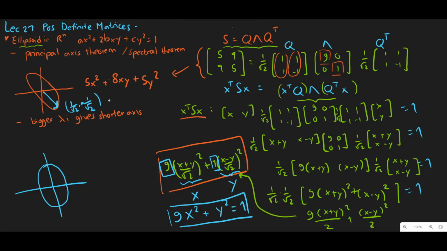This will be with the eigenvalue of 1, while this one will be with the eigenvalue of 9. While in this picture, coming from this, this is pointing to here and here. This is with the eigenvalue of 9, and this is with the eigenvalue of 1.